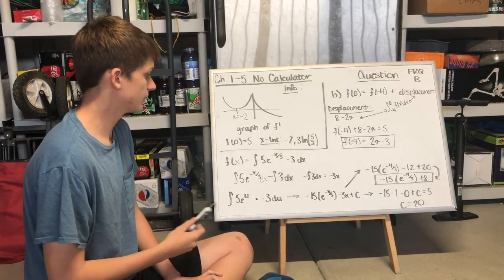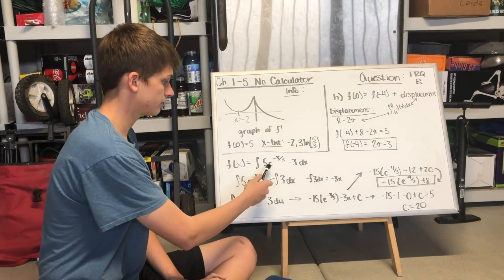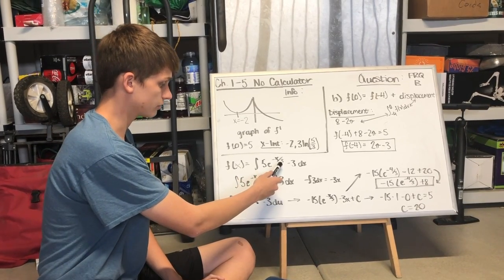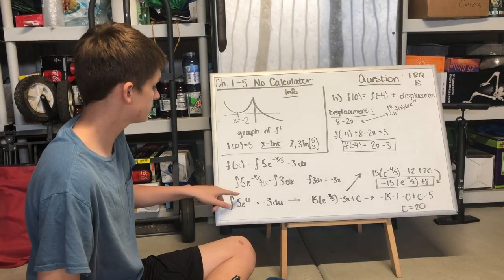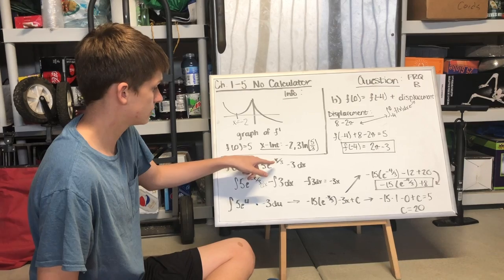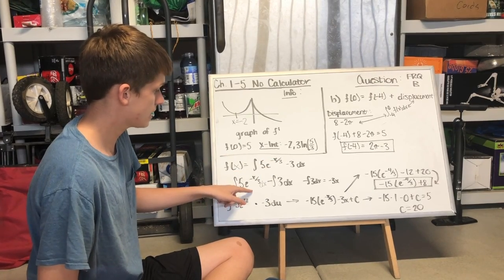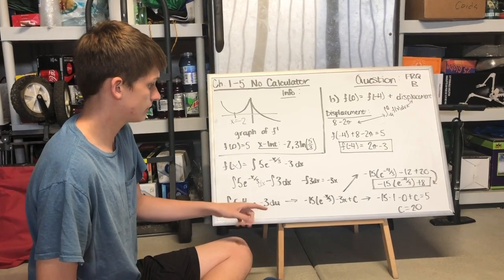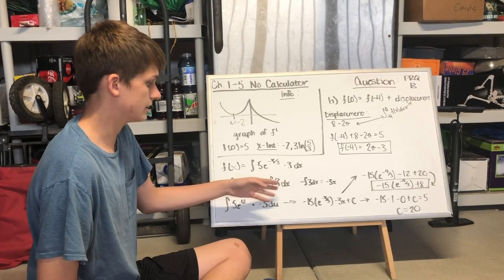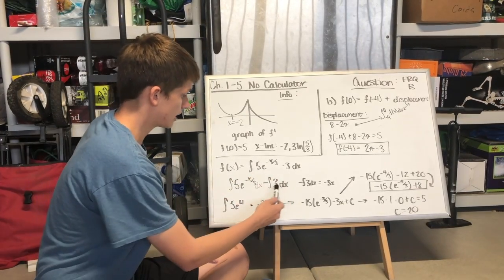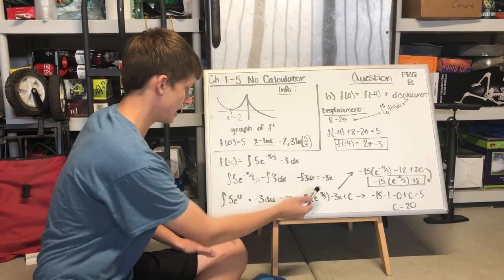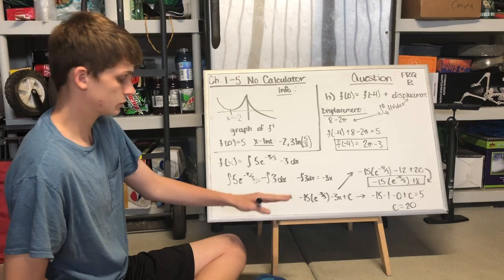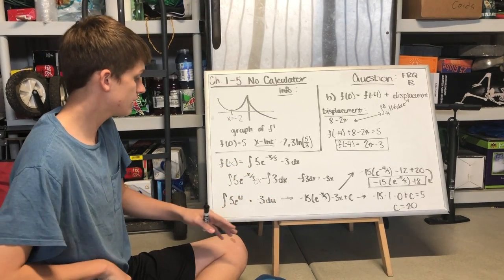But with f of 4, we can take the integral of 5e to the negative x over 3 minus 3 dx and split it into two different integrals, one with 5e to the negative x over 3 dx, and then one with just the integral of 3. So off to the side I have the negative integral of 3 dx is equal to negative 3x, which will be included in two steps.